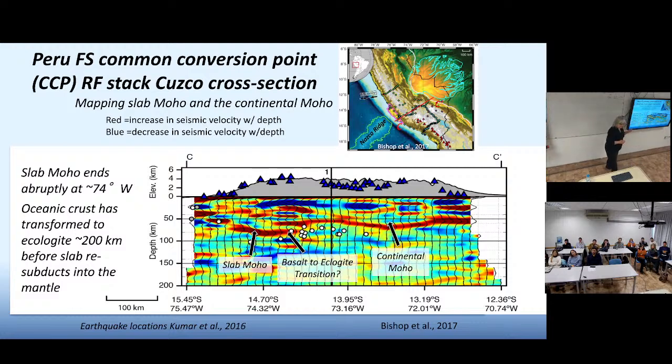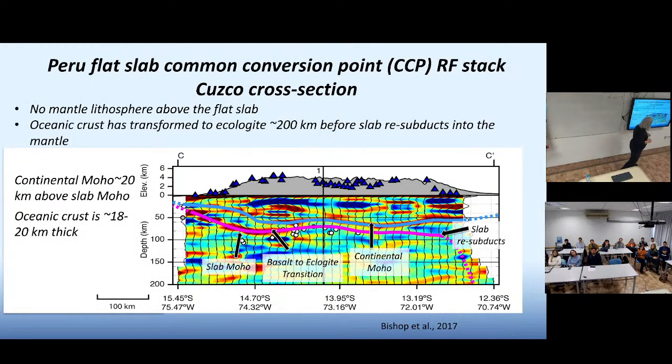The Nazca Ridge studies offshore show us that the Nazca Ridge has oceanic crust 18 to 20 kilometers thick. So this is right up against the base of the crust. Then this sort of ends, and we don't see it subducting back down until we get way over here. From other studies I'll show you, it starts to subduct. Usually when that transformation happens and it's eclogite, it should be dense and want to go down.